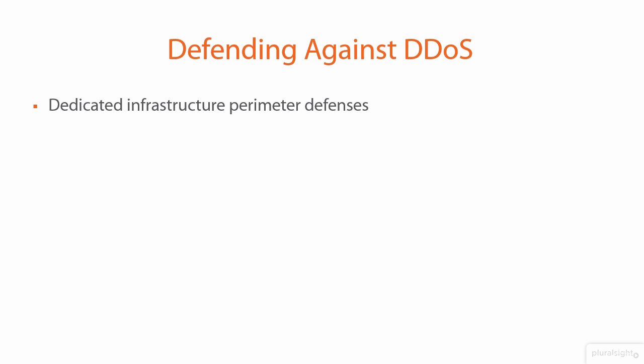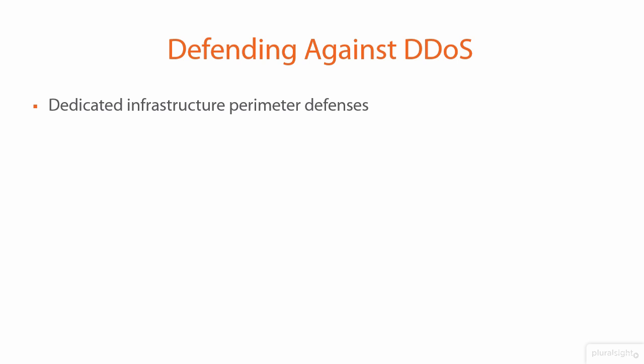Certainly there is a place for that, but it's difficult to stay on top of continually evolving attacks that are exploiting all new ways of sending huge volumes of traffic to the target web application. These devices can certainly be expensive as well. Network infrastructure designed to deal with large volumes of traffic can carry a pretty hefty price tag.